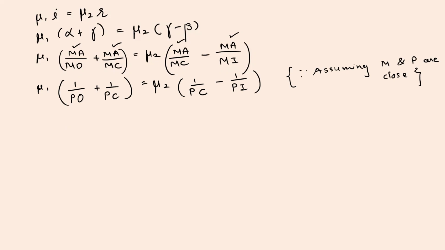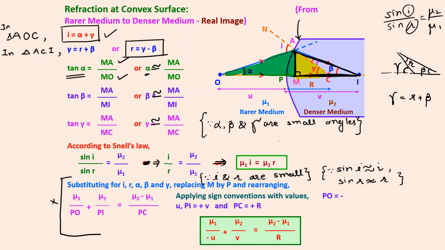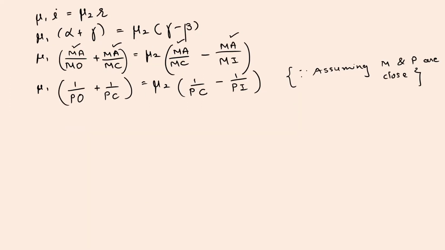Why so? Because, as you can see in the diagram, we have distances from pole only, not from M. So PO is our object distance, PI will be image distance, and PC will be radius of curvature.